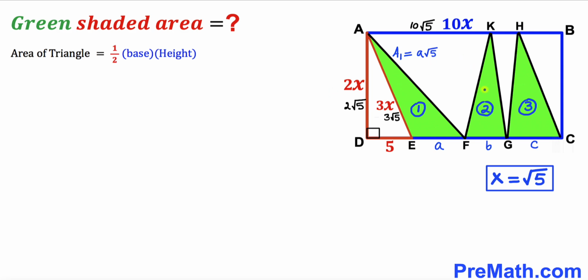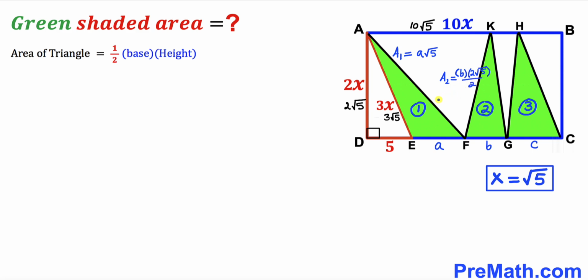Now we are going to calculate the area of triangle 2. We know the base of triangle 2 is lowercase b, and the height is 2 times square root of 5. I'm going to label the area of this triangle as a sub 2, which is equal to base b times 2 times square root of 5 all over 2.